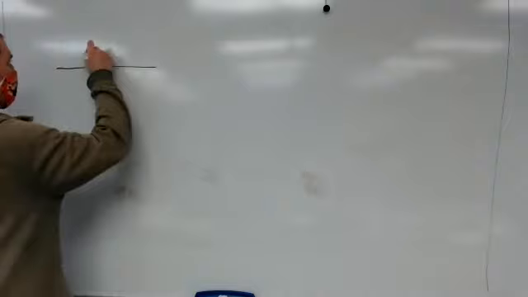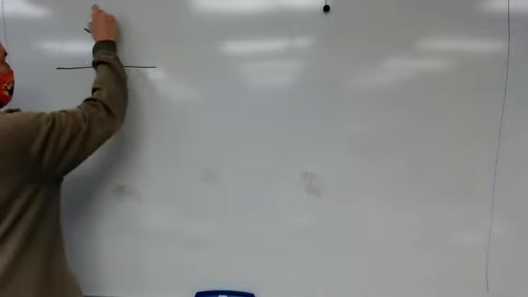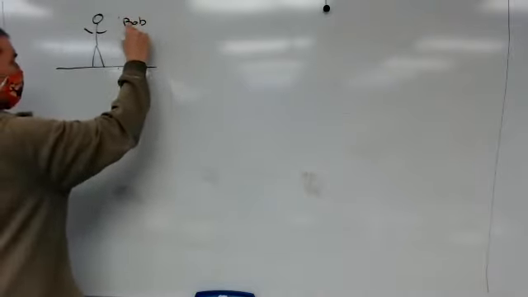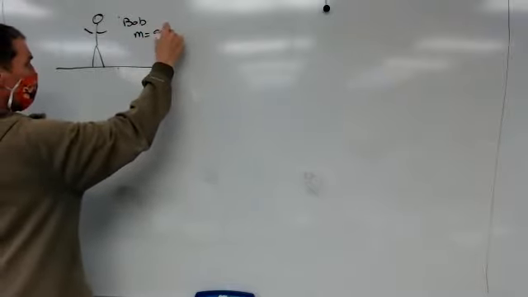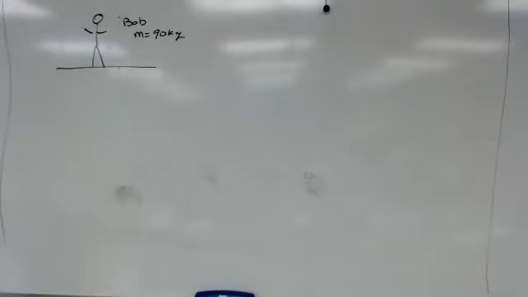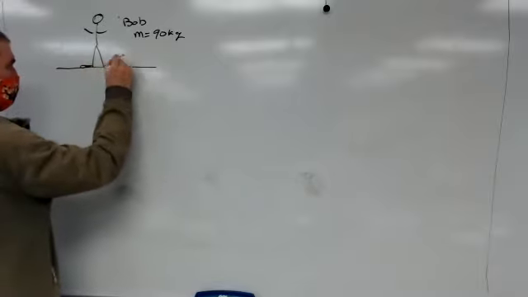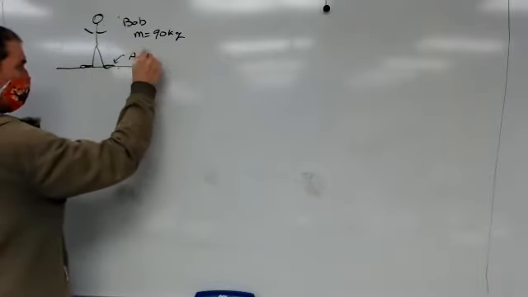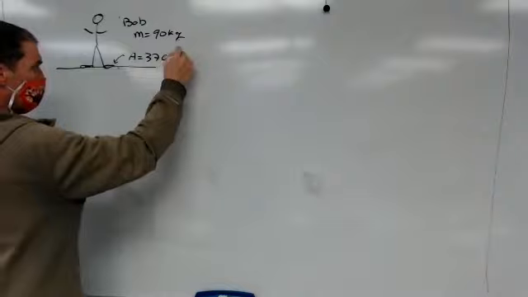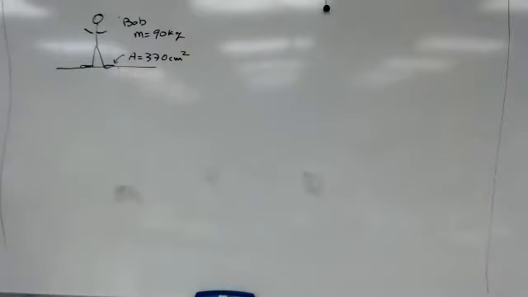So, mass 90 kilograms, sitting on ice, and his shoes are 300 centimeters squared in area. What is the pressure in Pascals on the ice?